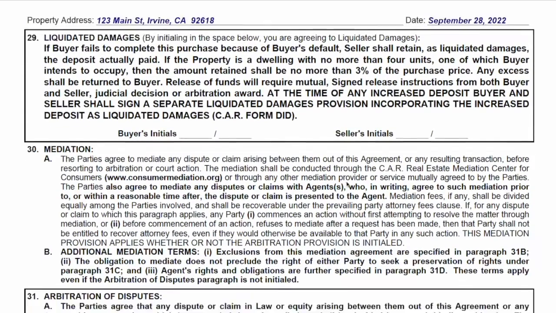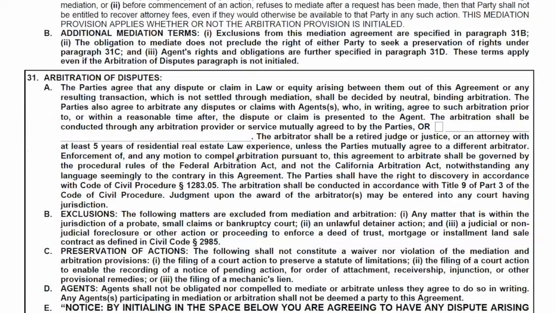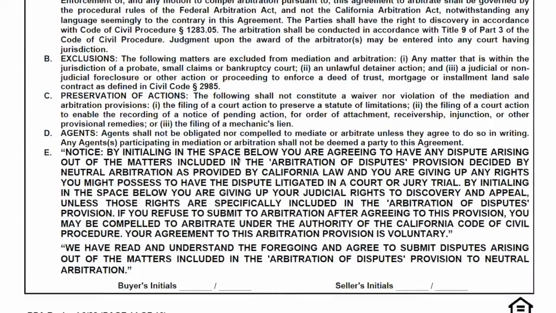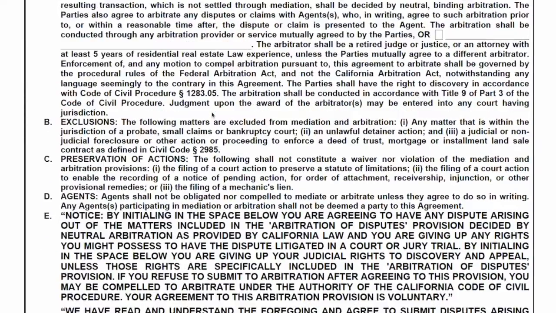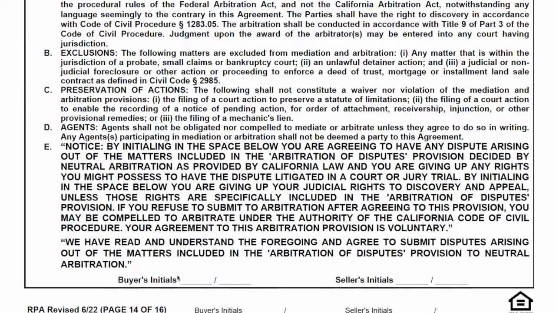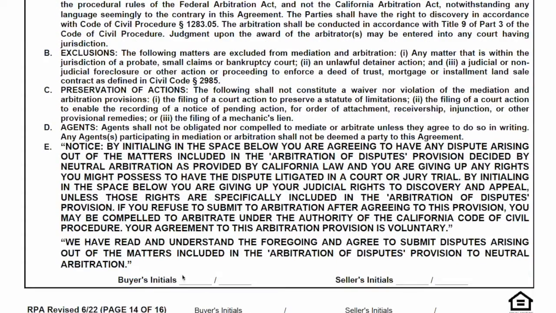Parties are going to initial here. There's a clause for mediation as a first course of action if there's a dispute that arises. Now that automatically goes into effect. There's also an arbitration clause here because if mediation fails, arbitration is the next course of action to avoid going to court. So both parties should initial there.